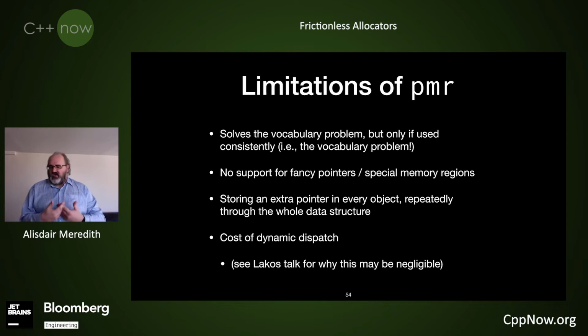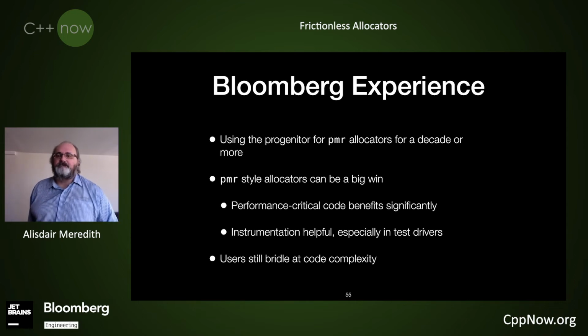There's an extra allocator pointer now stored in the PMR object itself, the PMR allocator, and then every object working within that system that uses a PMR allocator is duplicately storing that pointer, so we're padding our data structures a little bit. And again, all allocation is now a dynamic dispatch, and John Lakos talked about why, in practice, that dynamic overhead for the actual dispatch on the allocation should be essentially negligible. I'll defer to John's material. I don't want to go into that in too much detail now.